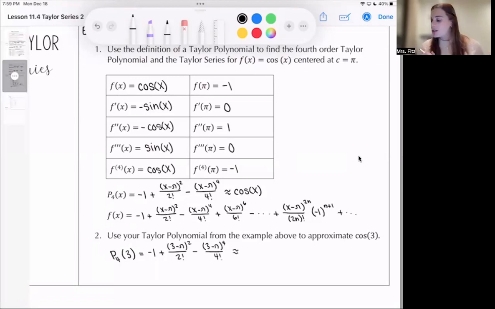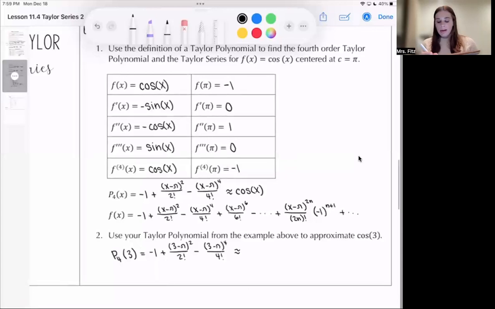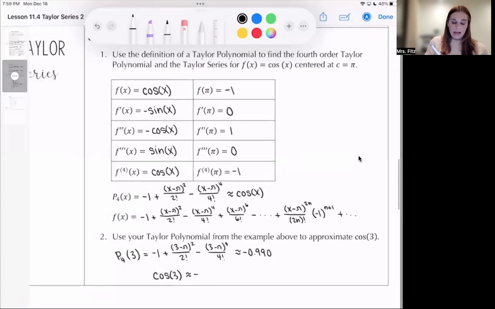And when you punch that into a calculator, you get about -0.990. So cosine of 3 is approximately -0.990. Okay, which makes sense because cosine of 3 is pretty close to cosine of pi, which is -1, right? It should be a little bit, I guess, more, but less in absolute value than 1.